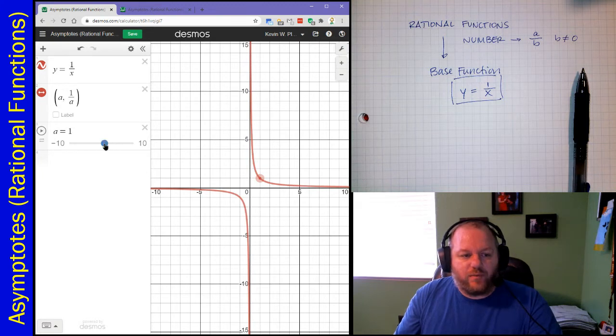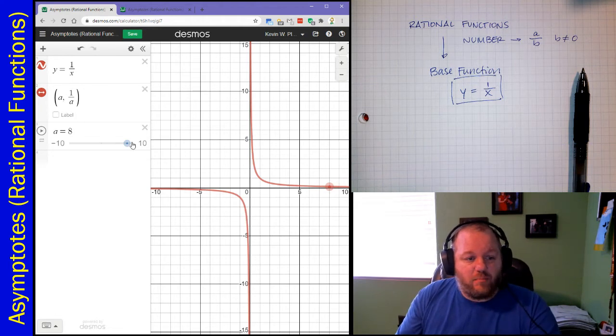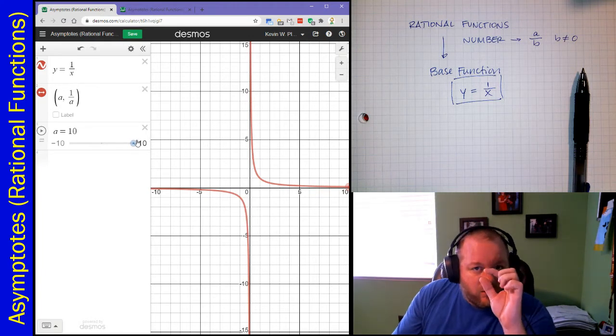As we get further to the right here, we start going down. 1 over 8 as a decimal is 0.125, which is very small, really close to 0. And the bigger these denominator numbers get, the smaller the fraction gets.